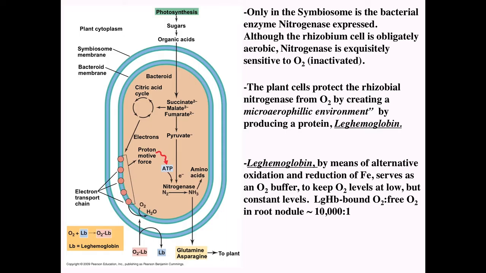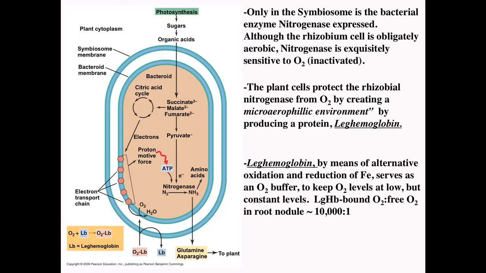You have an enzyme which can't function around oxygen, involved in two different organisms that have an absolute requirement for it. So what happens is that the plant-legume bacterial interaction sets up an environment within the symbiosome which is microaerophilic. So in other words, there's tremendously little free oxygen.